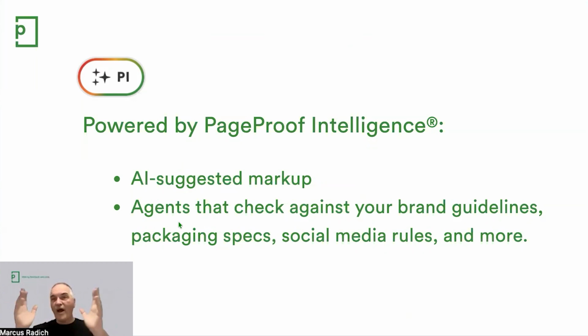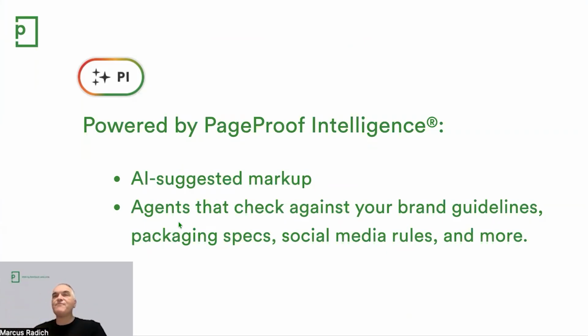This is wide open. And in fact, some early adopters of PageProof have actually put in what we call Pi agents, so PageProof Intelligent Agents. And these agents are checking their work every day for them, and it's saved them so much time. They are now cutting down the number of versions. They are getting a massive benefit out of having PageProof Intelligence checking the work against an agent.